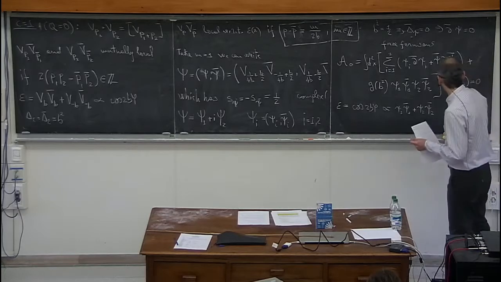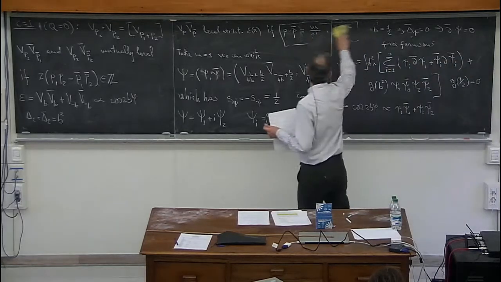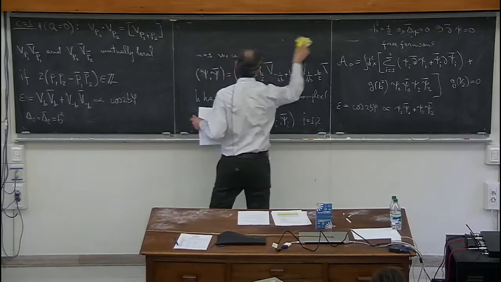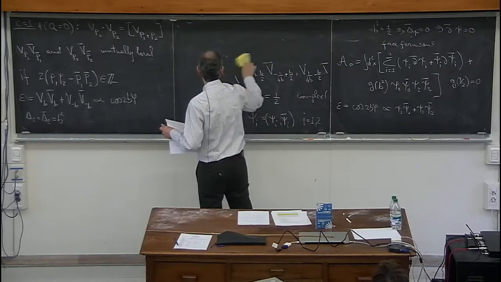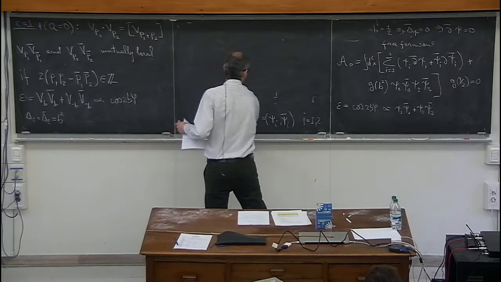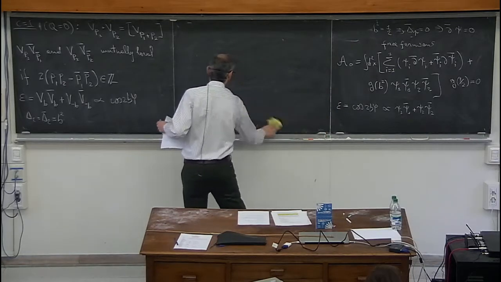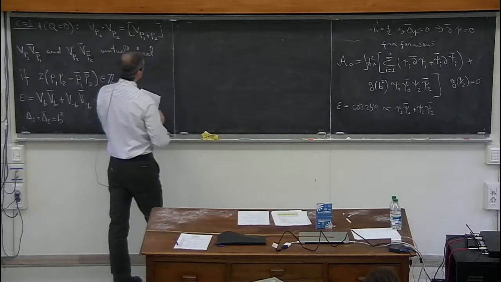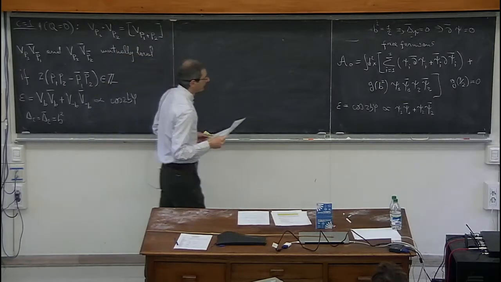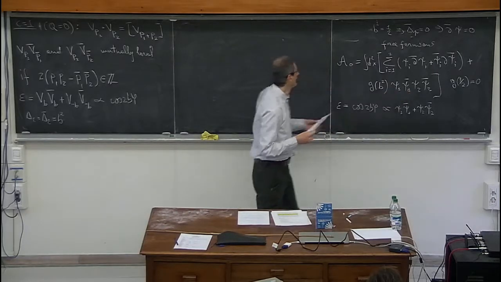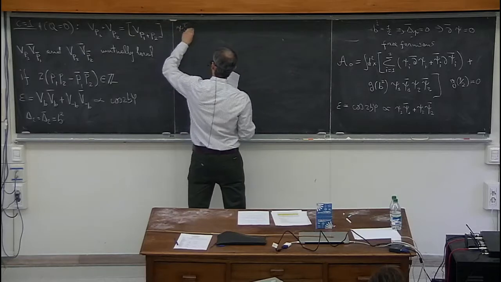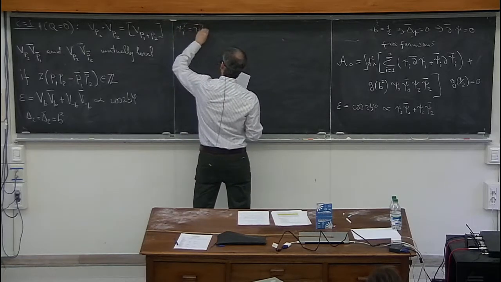Another thing we can observe now, since these are fermions, they have the usual property that psi square is equal to psi bar square is equal to 0.